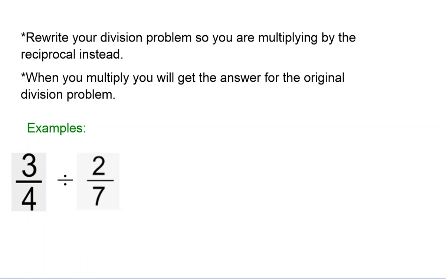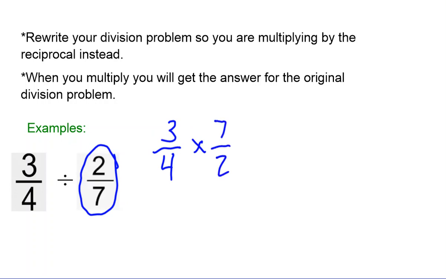One thing I want to point out: when we're dividing fractions and getting reciprocals, we are only looking for the reciprocal of the second fraction, the fraction that we are dividing by. The first fraction will stay the same, so we would have 3/4, and then we change that division symbol to multiplication, and multiply by the reciprocal of 2/7, which would be 7/2.